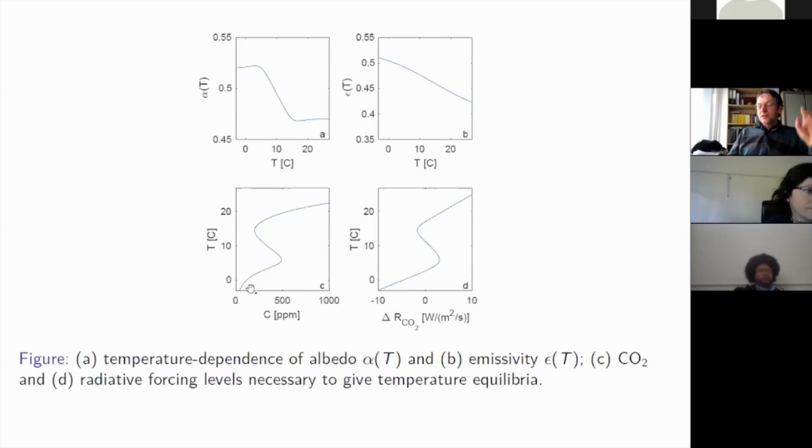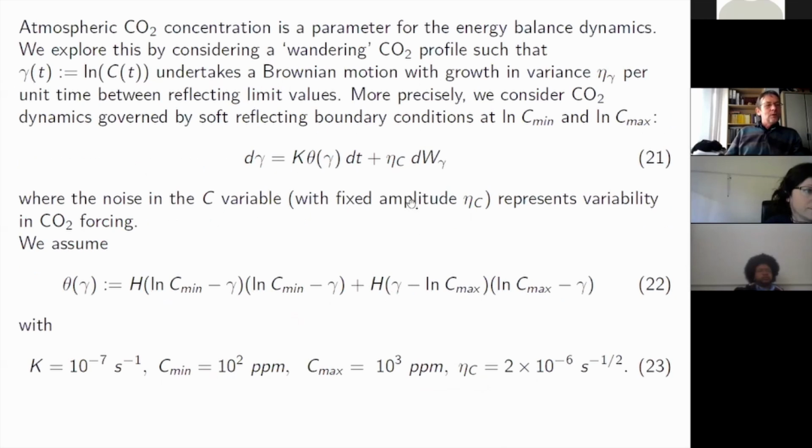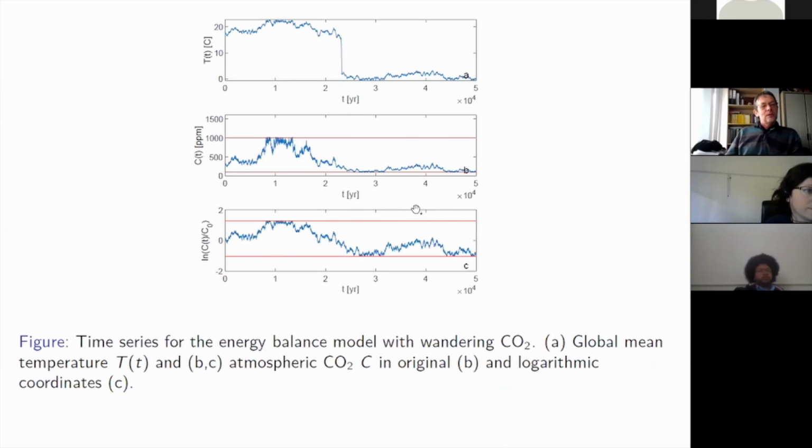I should say these are not representing snowball Earth or hothouse Earth. It's more like the parameters for a change that could occur over a glacial cycle. So we put in a stochastic term to represent some subgrid processes, and you can write down where the equilibria are and so on. There's a load of parameters, and let's just have a look at a picture.